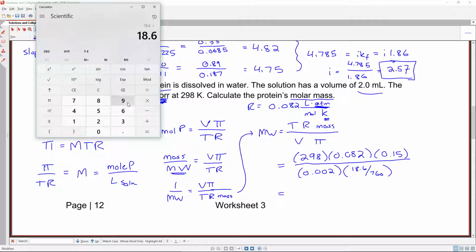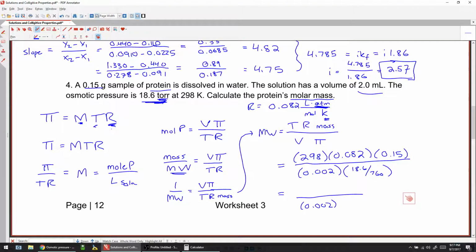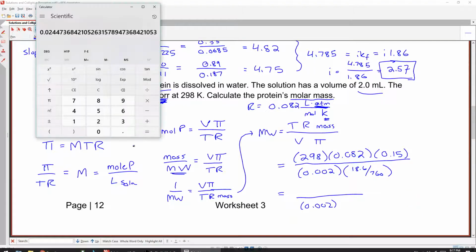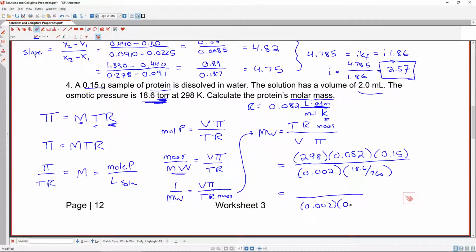I'm going to do the inner parentheses first, divided by 760. Right, so... This gives me hope because this 0.002 is in the denominator, and that's going to make our fraction quite large. And also we have a 0.024 in our denominator as well.